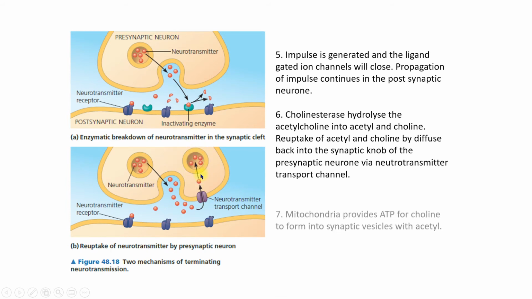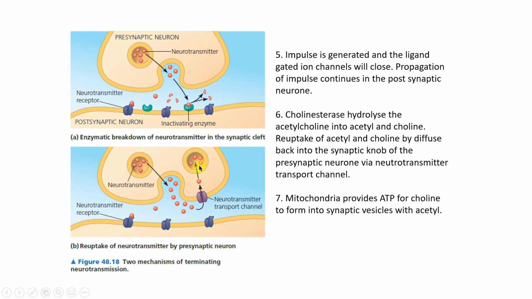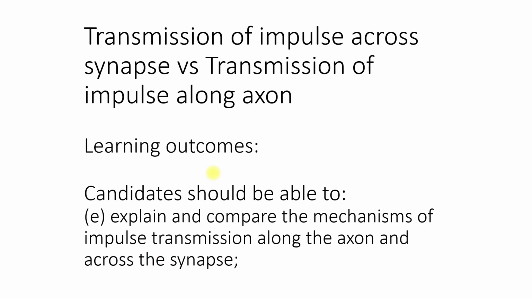Now, mitochondria. Remember, I mentioned earlier there are many mitochondria in the synaptic knob. This mitochondria will provide ATP for the choline to form into synaptic vesicle with the acetyl. So that's the transmission of impulse across the synapse.